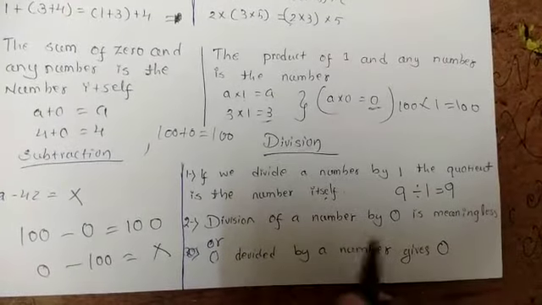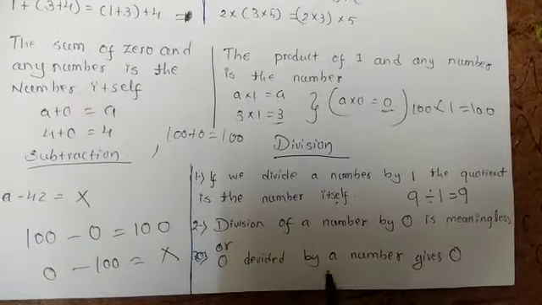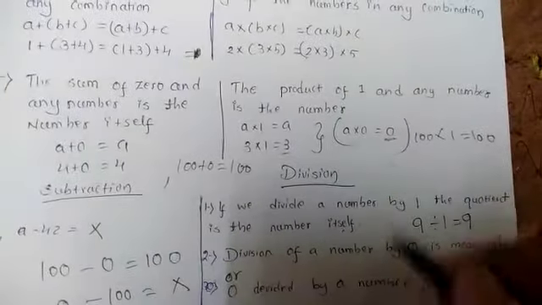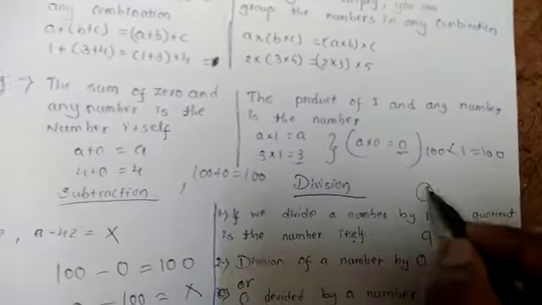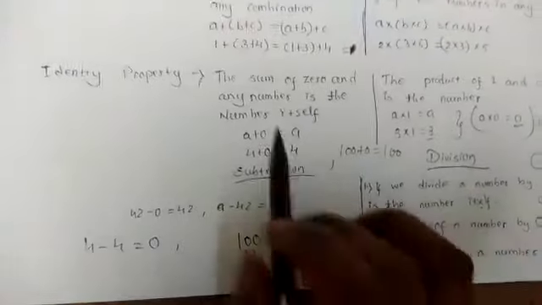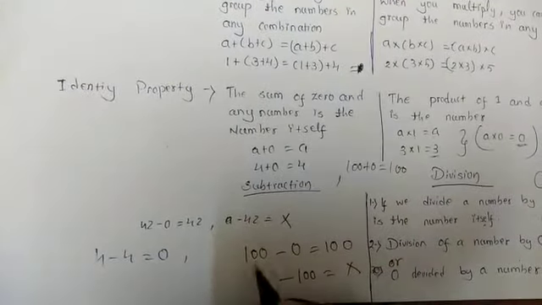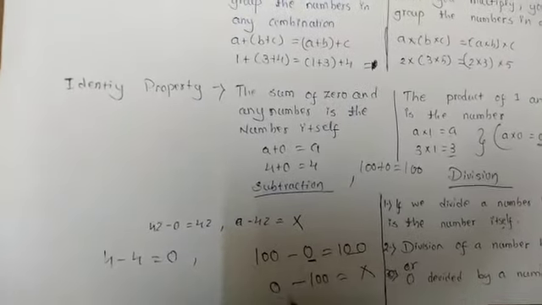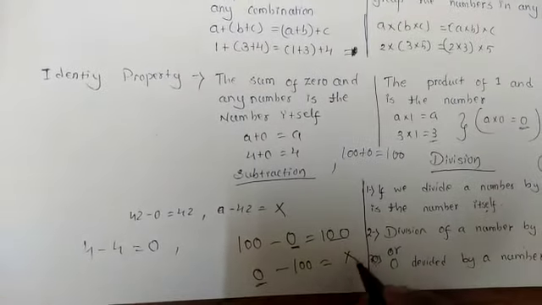Division of a number by 0 is meaningless, and 0 divided by a number gives 0 only. In multiplication and division, when you are doing it with 0, the answer we will get is 0. But in addition, we will get the same number. In subtraction, if the 0 is written in the subtrahend, then we will get the same answer. If the 0 is written in the minuend, then we cannot get the answer.